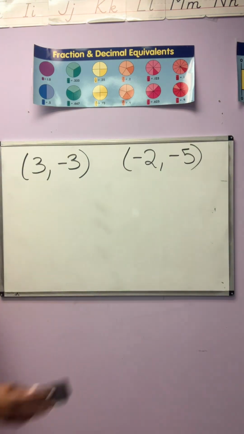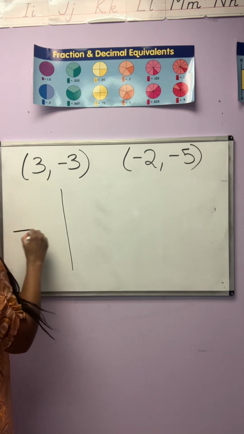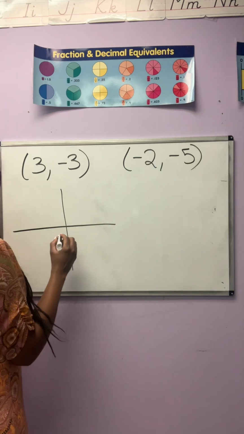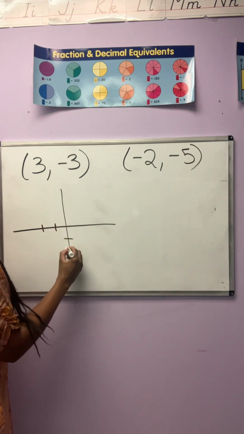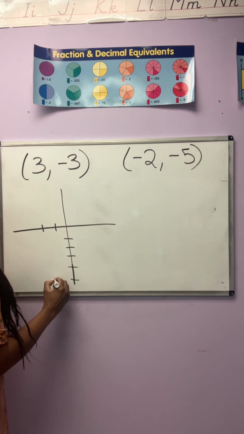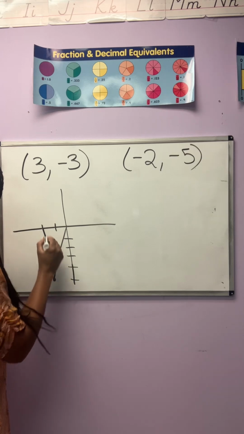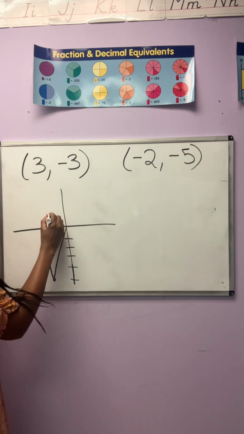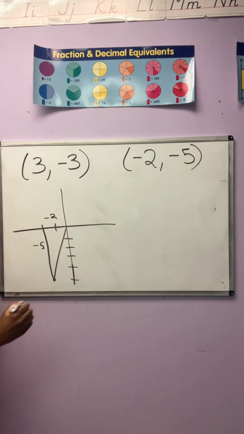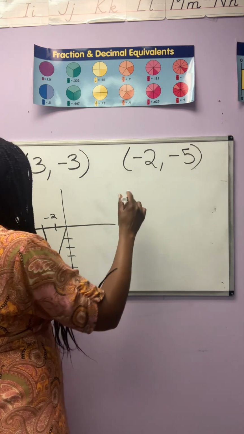Okay, so let's begin the second one. -2, -5. This one's not going to be as friendly. So you have -2, -5. We still need to do the Pythagorean theorem to find out what our hypotenuse is.